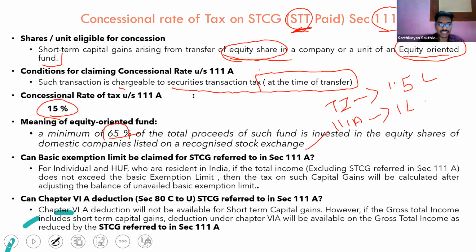Yes, you can claim basic exemption limit if you are resident in India. So if you are resident in India and if total income before including 111A does not exceed the basic exemption limit, you can set it off against that. Right. So our Chapter 6A reductions are not available for 111.